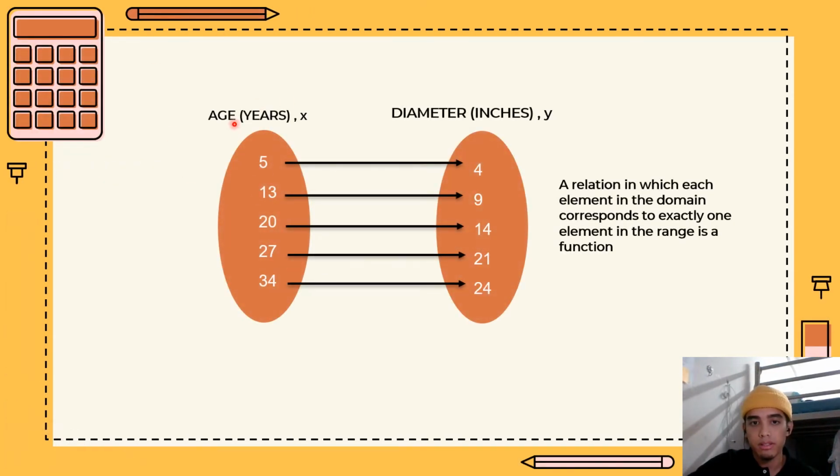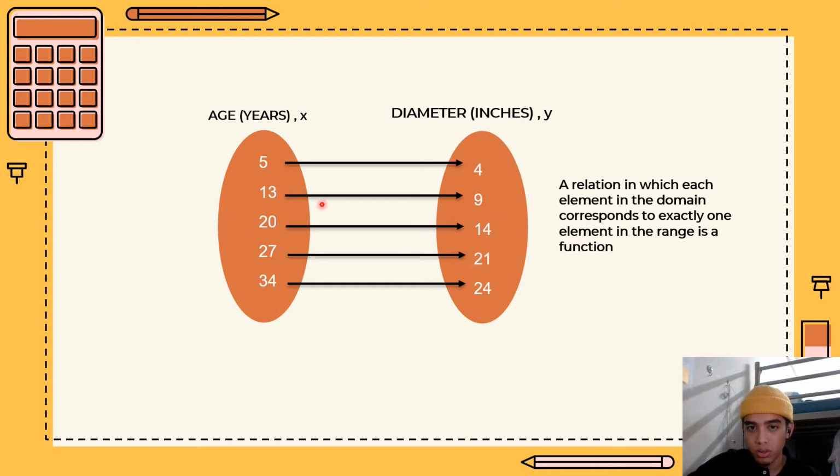The age in years, x, is the domain, and the diameter, y, is the range. So 5 corresponds to 4, 13 corresponds to 9, 20 corresponds to 14, 27 corresponds to 19, and 34 corresponds to 24.